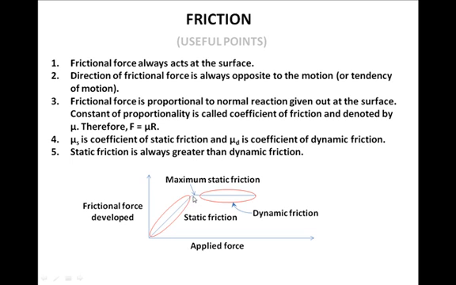So what happens? The frictional force goes on increasing, there is a sort of hump, and then there is a slight reduction, and then there is dynamic friction. So that's what we mean by maximum. In fact, this should be static friction in general, but the maximum static friction is always greater than dynamic friction. That's what we have to remember while solving the problems.